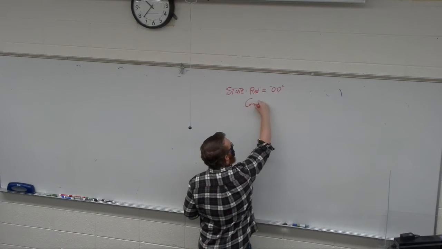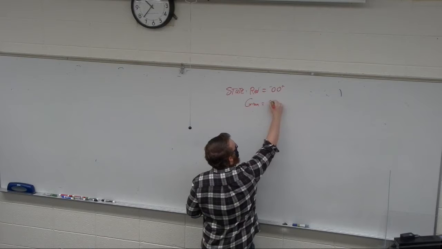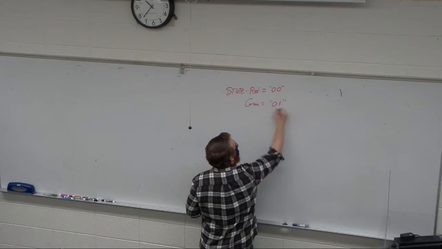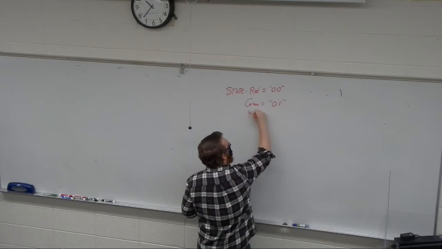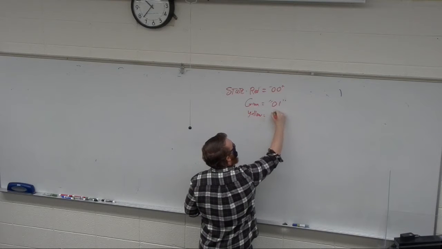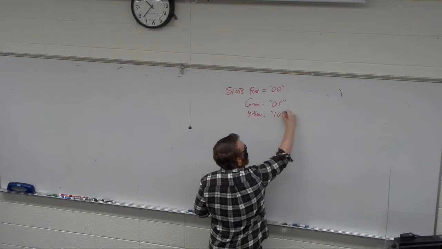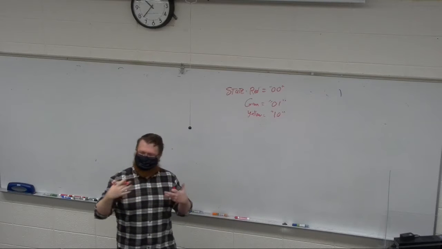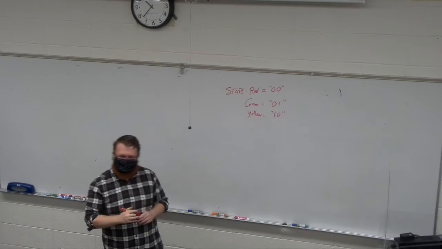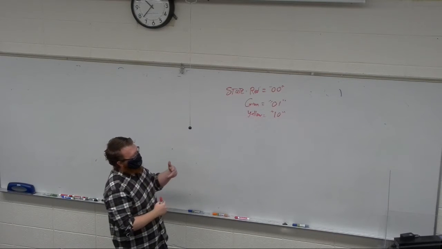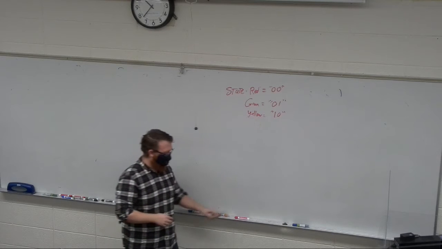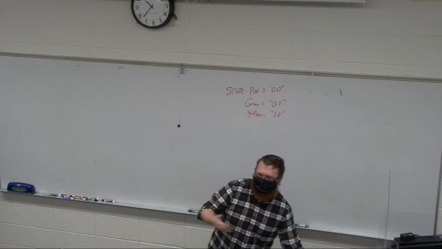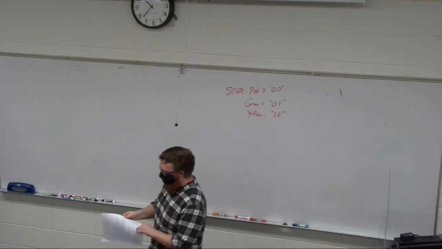Green would be, let's say, 0, 1. And yellow is 1, 0. Now, we're going to get into some simple rules of assigning state numbers, and I have kind of violated them here. But we'll come back and use this as an example.